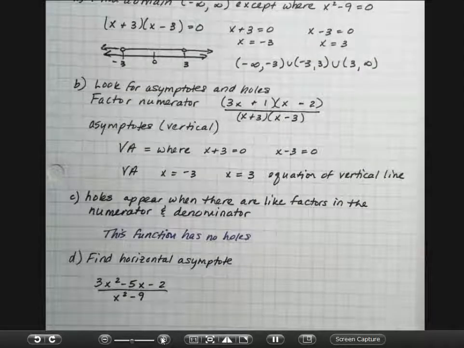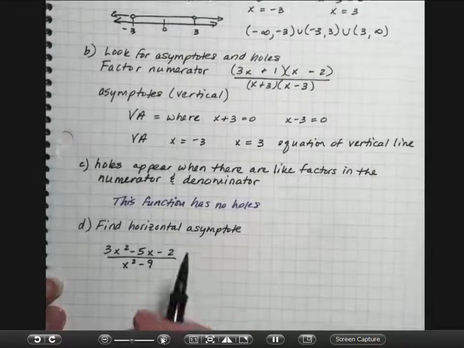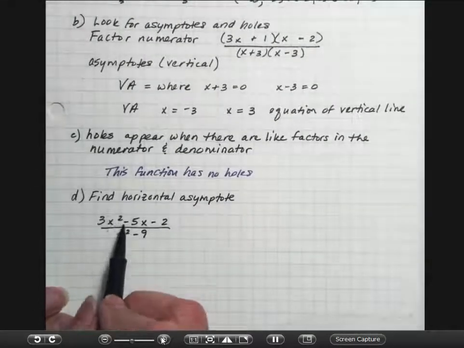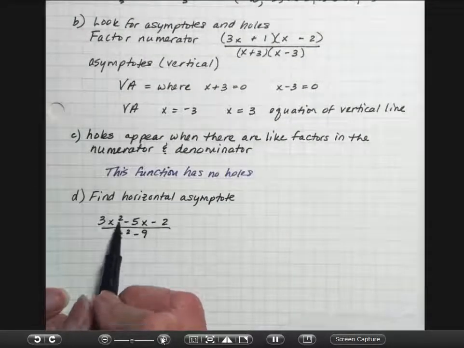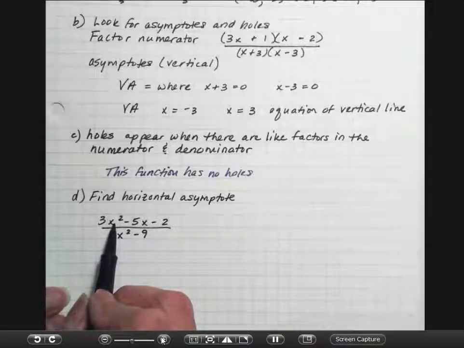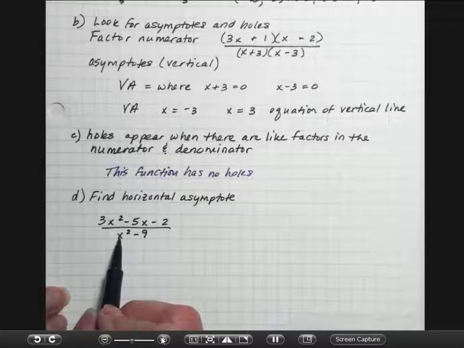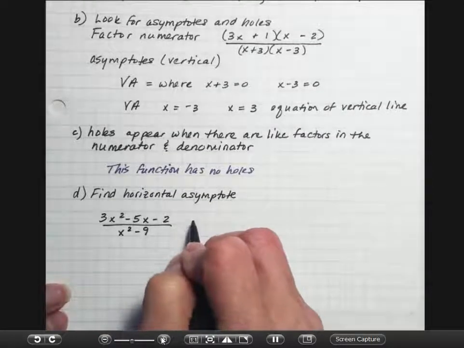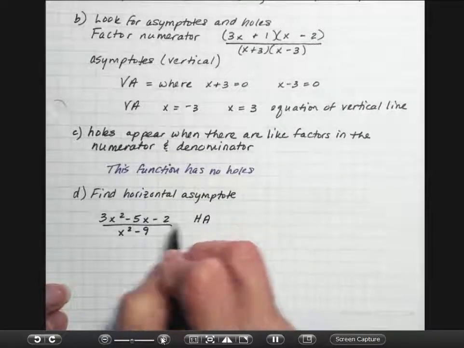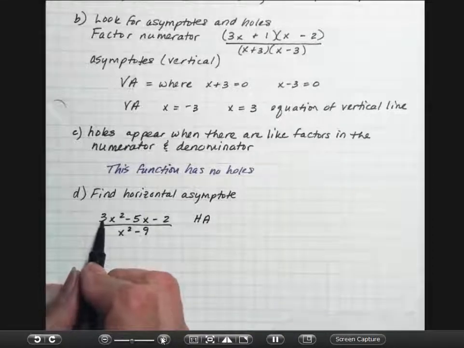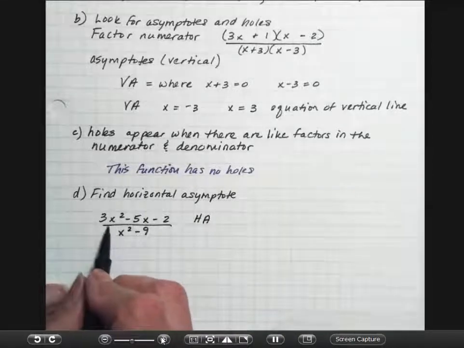The first option says that if I have the same power in the numerator and the denominator, so I have a second degree polynomial in the numerator and a second degree polynomial in the denominator, then my horizontal asymptote will be the coefficient of my x squared term in the numerator over the denominator.